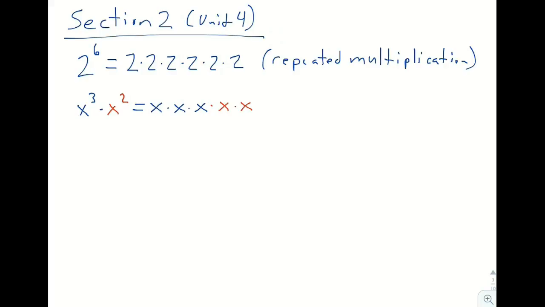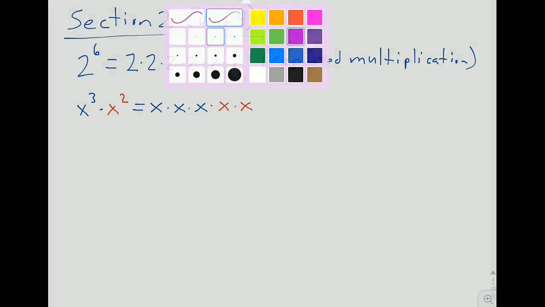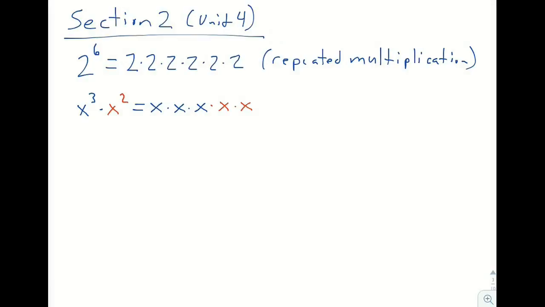So you may have seen x to the 3rd times x to the 2nd and thought, hey, that's x to the 6th. 2 times 3 is 6. But actually, we have 1, 2, 3, 4, 5 x's, all to the 1st power, all to a power of 1, because it's just x by itself. And you add those up, and you have x to the 5th power.